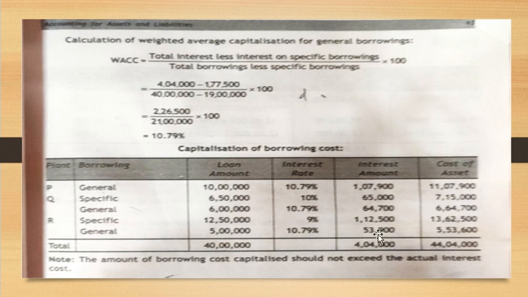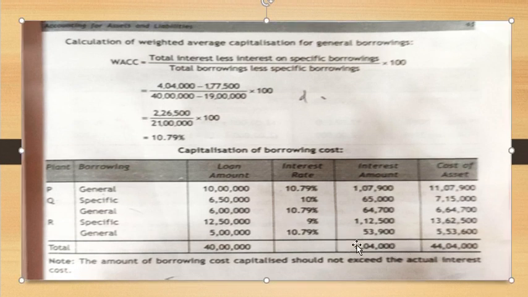To adjust that excess, we are deducting 40 rupees from 64,700 and 50 rupees from 53,900, in order to satisfy the condition. So when we remove the 90 from 4,04,090, we get the actual interest amount which is to be capitalized.